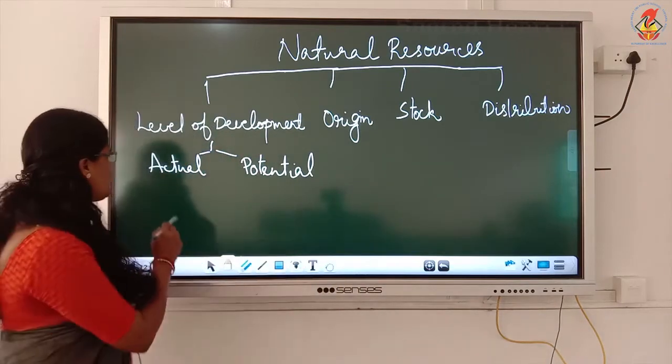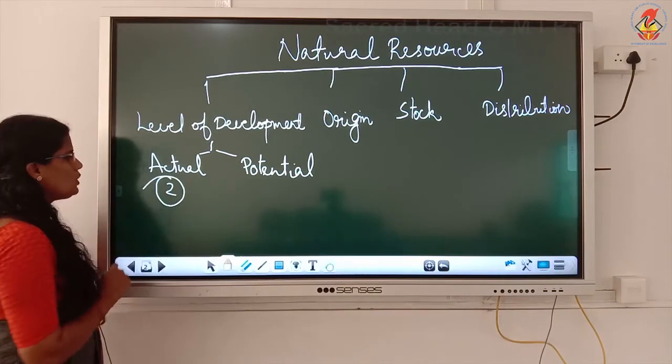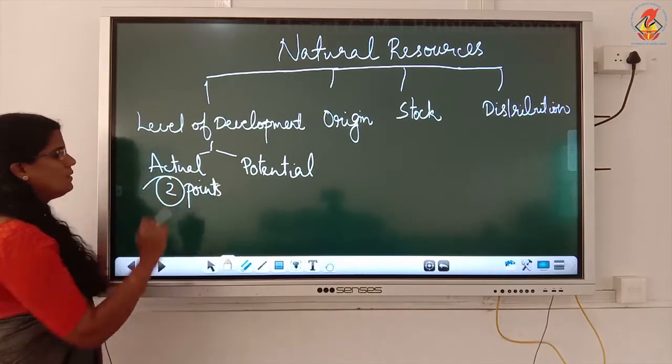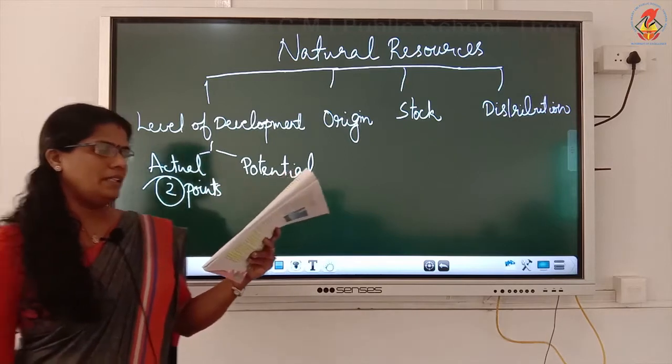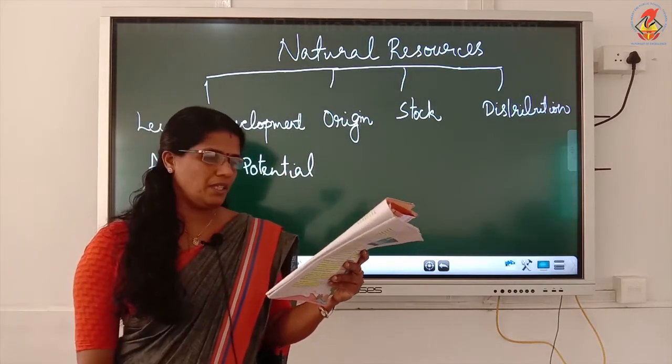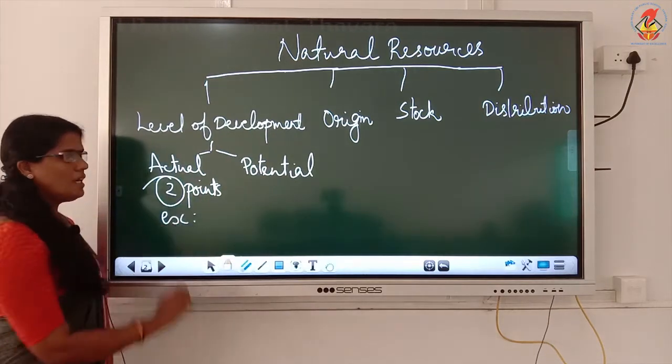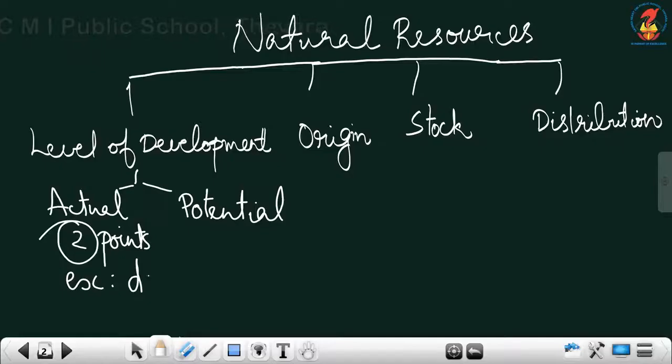So two points you can mark here. Give one example also. Write one example: dark soil in Deccan Plateau. Dark soil is an example, in the Deccan region.